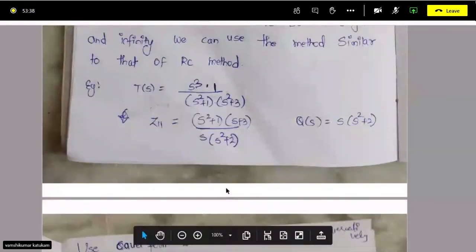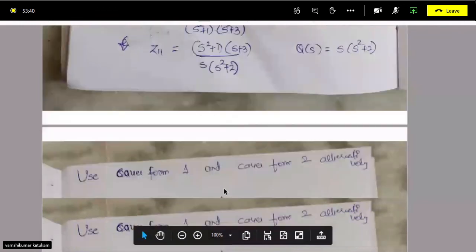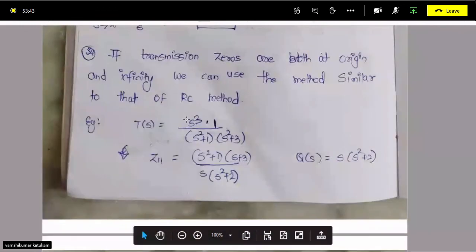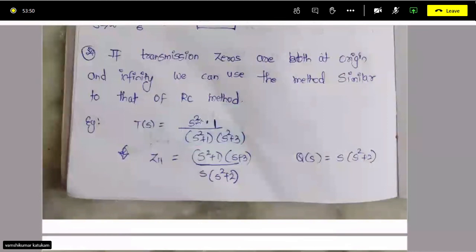So here also we have seen, for an LC ladder, in the numerator the transfer function zeros can be imaginary, not real. If the transfer function zeros are imaginary, because it is an LC ladder, only imaginary zeros and poles.